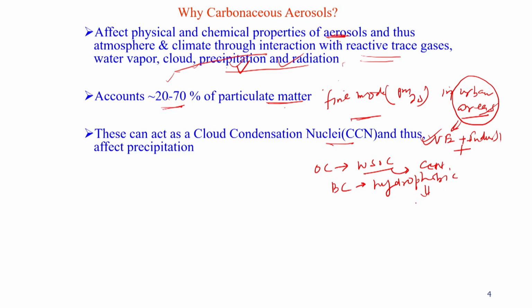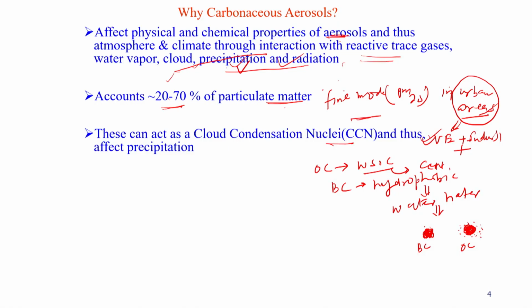Hydrophobic means water hater, so it will not like water. If you have black carbon particles and you try to put water on the surface, it will not hold water, but if you have organic carbon, water molecules can deposit on the surface because it is soluble. So the black carbon will not.